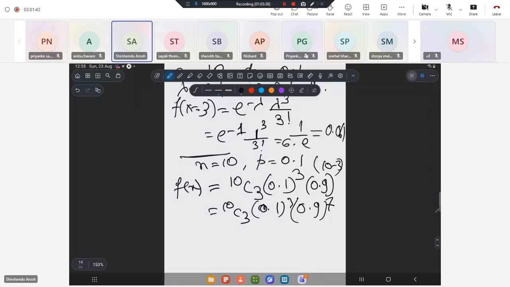Same problem, two ways, and the result is 0.057.